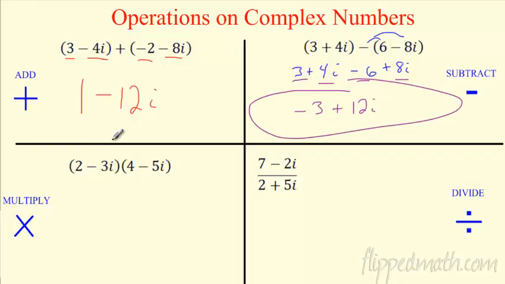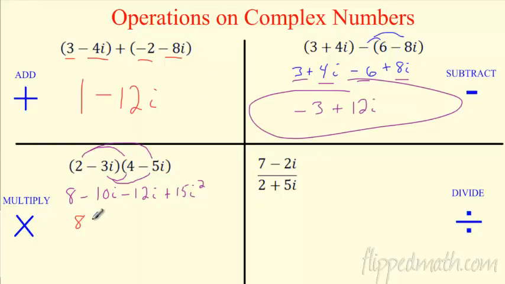How about multiply? This is that idea of double distribute, or some people call it FOIL. So we can do this no problem. 2 times 4 is 8. 2 times negative 5i is negative 10i. Then we've got negative 3i times 4 is negative 12i. Negative 3 times a negative 5 is plus 15, and i times i is i squared. So we have to do a little simplifying here.